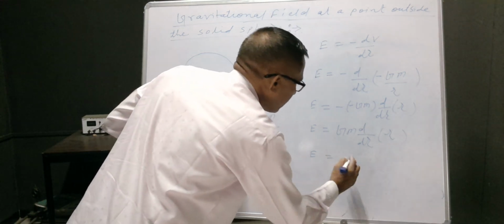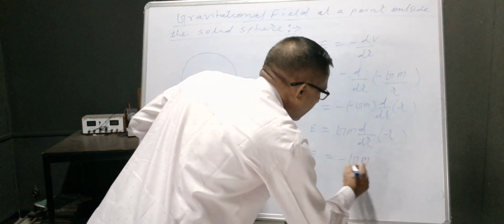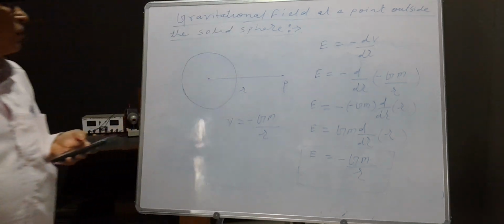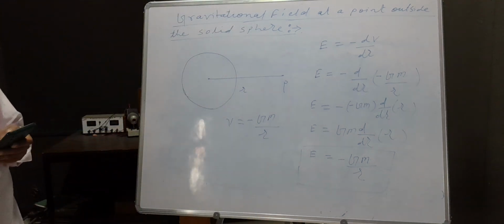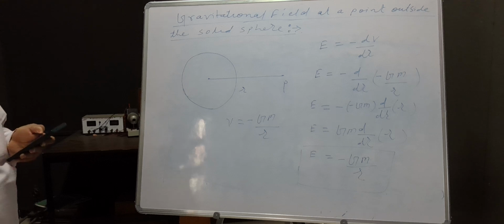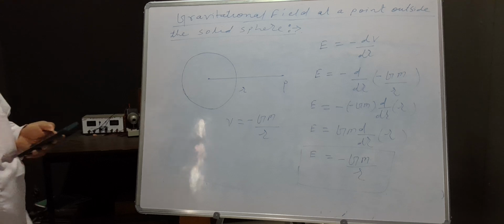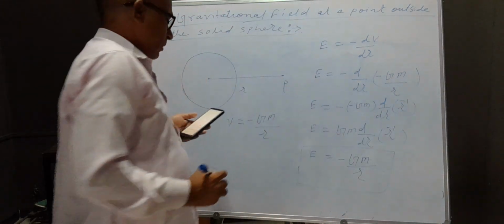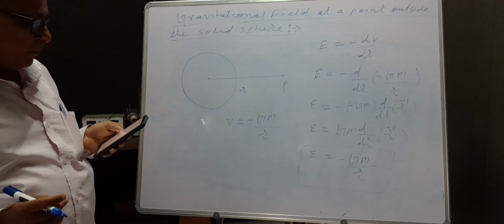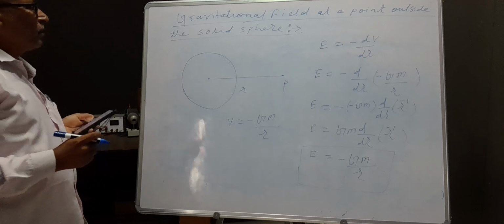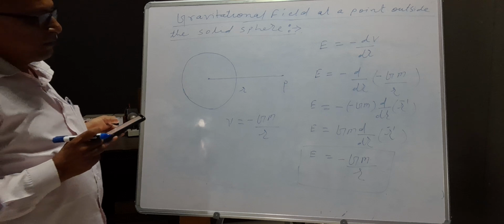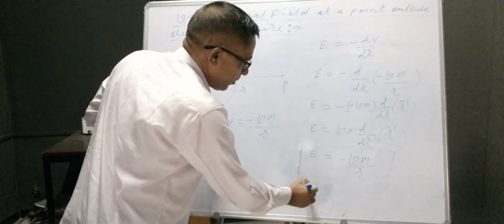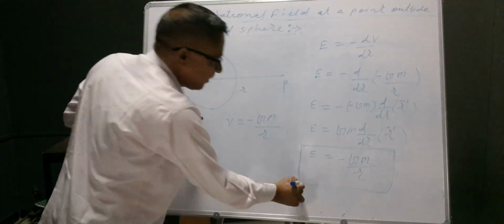This we can directly write as minus GM upon r squared, and this is the gravitational field due to the solid sphere. With this formula, we have calculated the gravitational field at a point outside the solid sphere. This equation gives the gravitational field intensity outside the solid sphere.